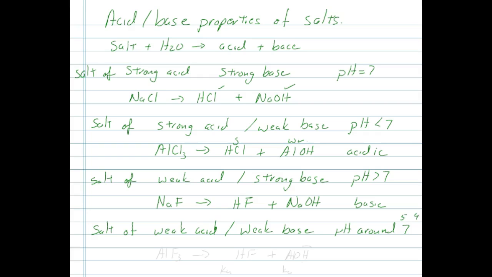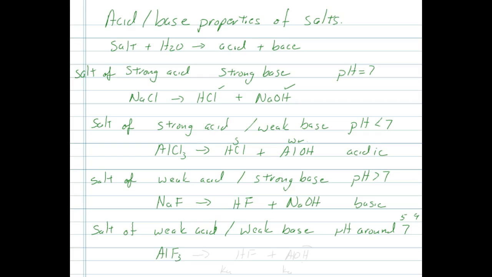It depends on how weak the weak acid is and how weak the weak base is. If the weak base is stronger than the weak acid, then it's going to be more basic. So it's going to be around there, and it's tough to tell what it's going to be.